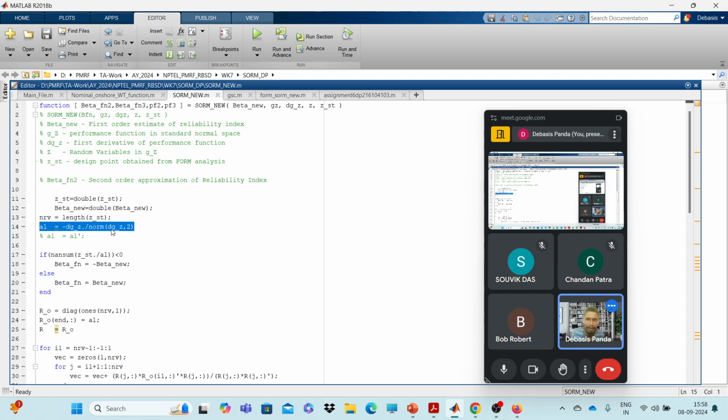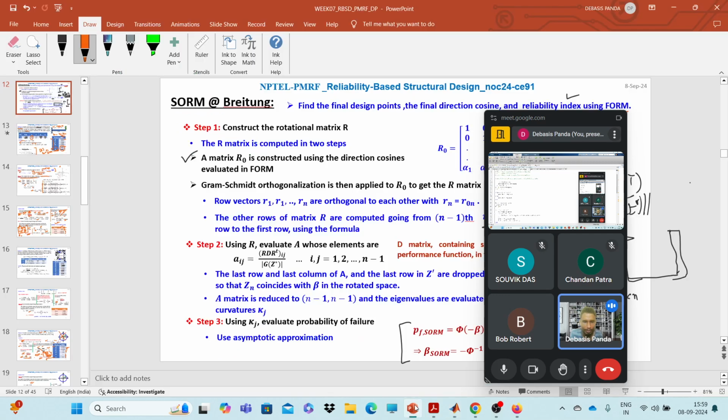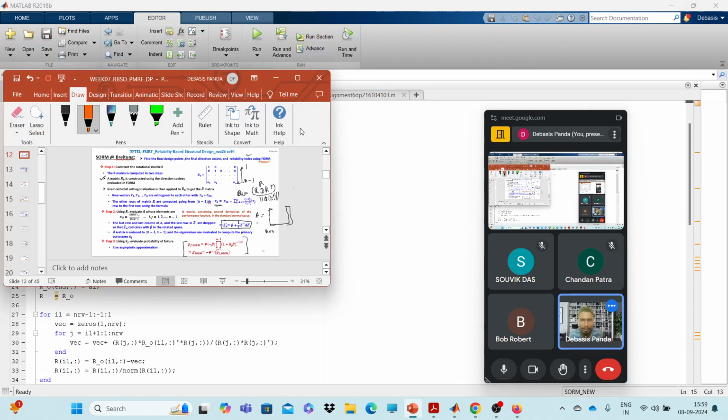We have already calculated it from here. Now we have given the beta value, so alpha and beta we have already fed here, right? Now what we need to do? In the algorithm, we are here up to this part. One second.